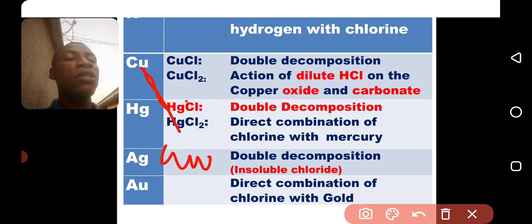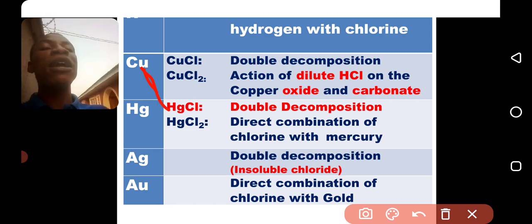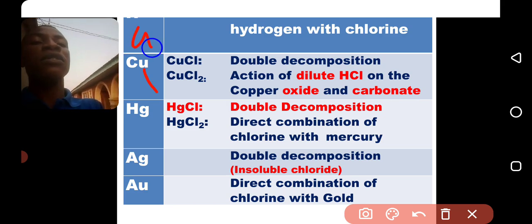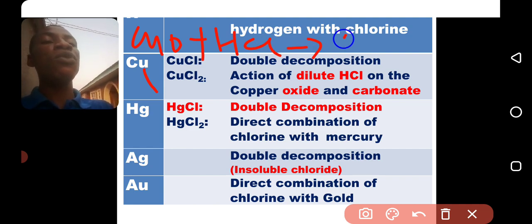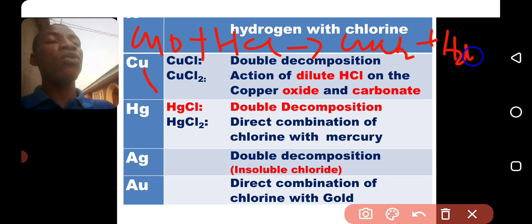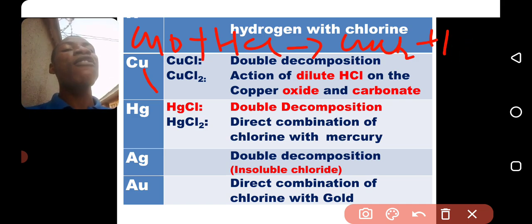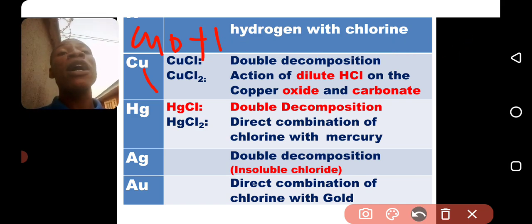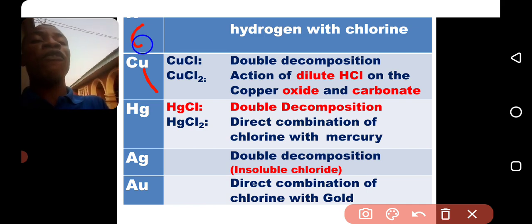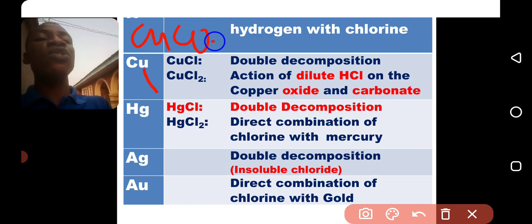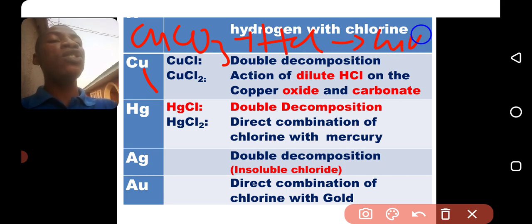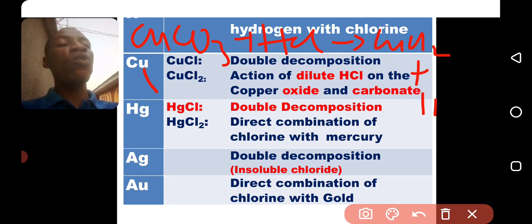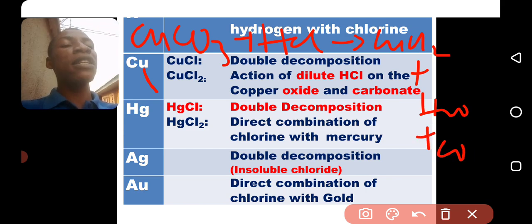HCl. CuO can be reacted with HCl to give you CuCl2 plus water. Or if you have copper carbonate, that's copper 2 carbonate, CuCO3 plus HCl, can give you CuCl2 plus water and CO2.